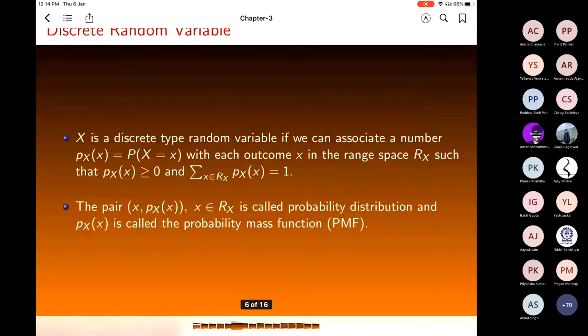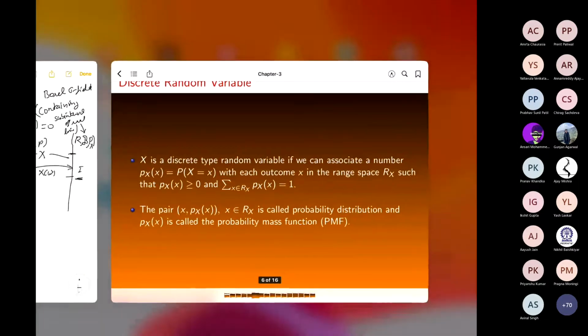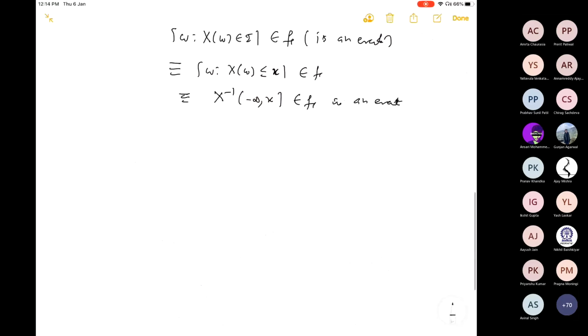Now let us define what a distribution function is. First of all, let us define the cumulative distribution function, CDF, or distribution function.